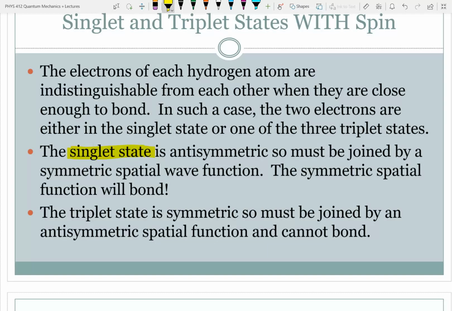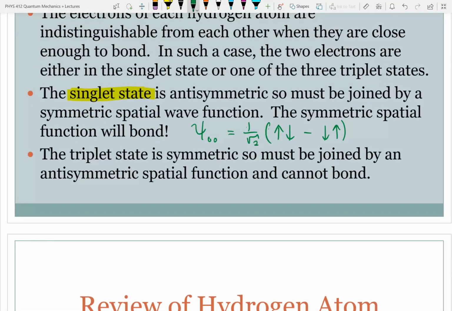The singlet state was, actually, I should make it normalized. That was our singlet state, antisymmetric. And then we had the triplet state.